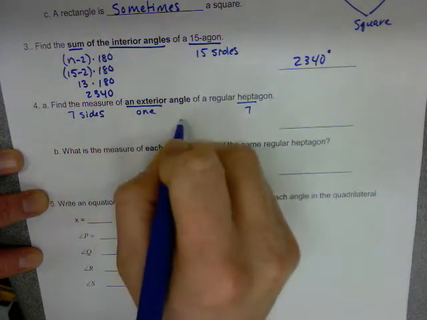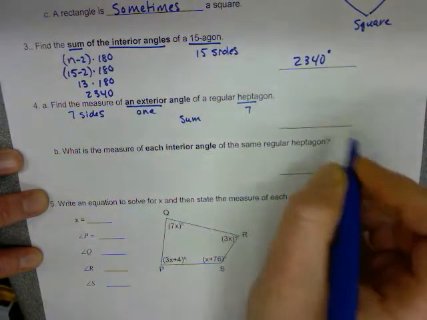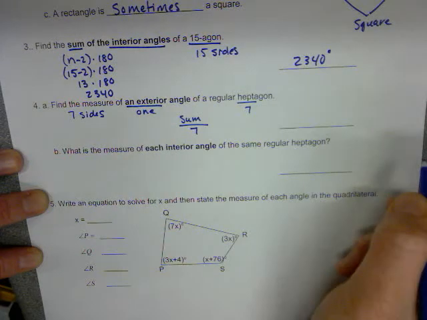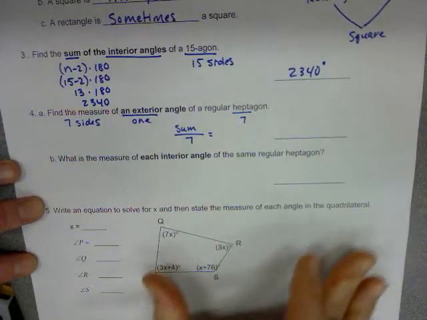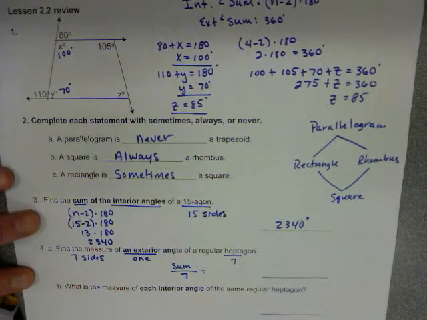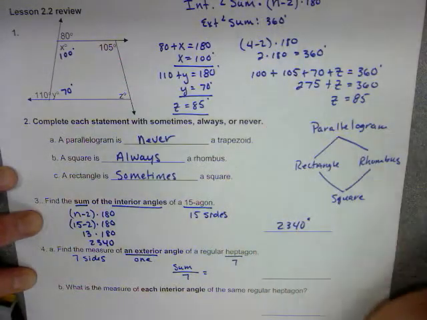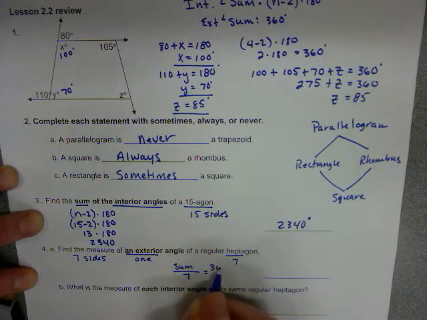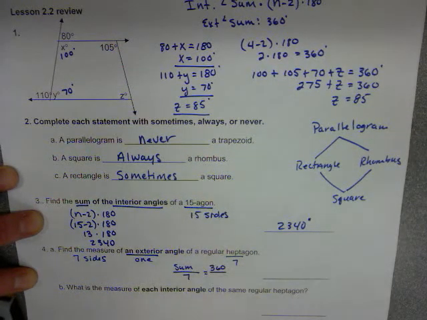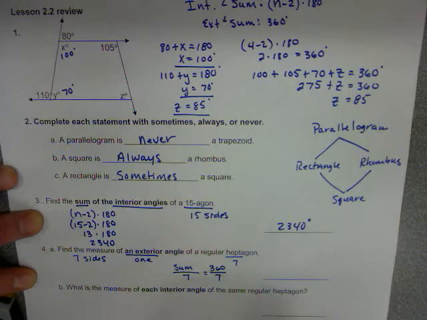So you have to take the sum of all the exterior angles and divide it by 7. Since we're dealing with exterior angles, we said at the top of our page that the sum of the exterior angles is always 360 degrees. So we'll substitute 360 for the exterior sum, divide it by 7 to get one angle.